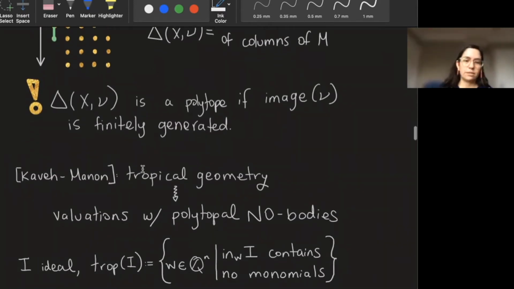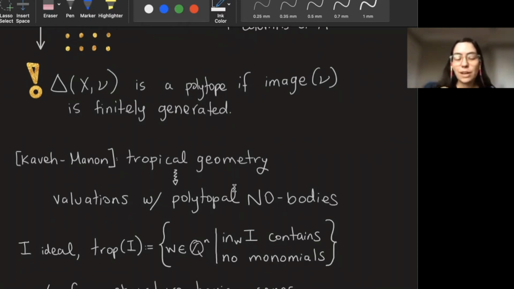So they use tropical geometry to construct valuations whose Newton-Okounkov bodies are polytopes. Tropical geometry is a very deep theory, and I will warn you that I'm just going to use the baby version of it.